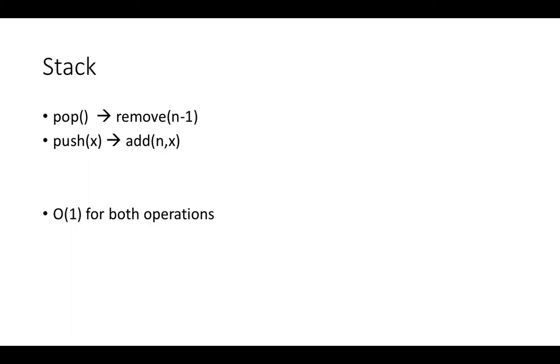And also push, we can push at the end using add n x. So you can push, add a new element at the end. There is no shifting. This is also big O of 1. So it's very efficient to make a stack out of an array-based list, because you can make pop and push in big O of 1 operations.